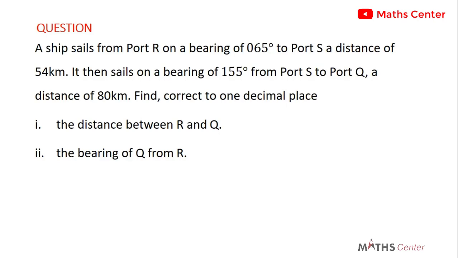As we learned in the previous video, whenever you are being given a question like this, the first thing you need to do is to read the statement carefully and then draw an appropriate diagram for the statement. So, let's go over the question again.